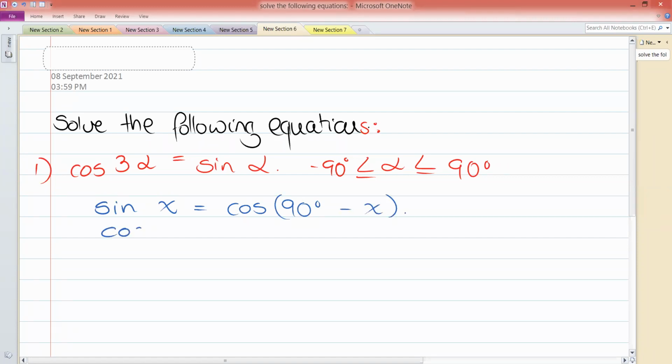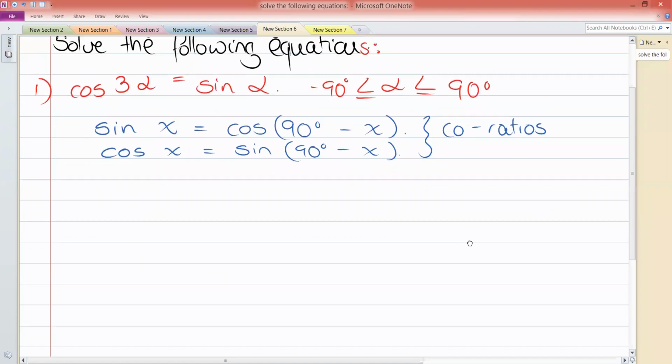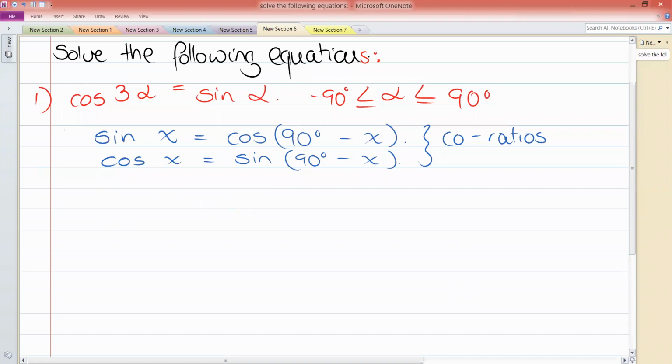If you're given the cos, then it would be equal to sine of 90 degrees minus x. These are what you call your co-ratios or your complementary ratios. So we're going to apply this to this question.